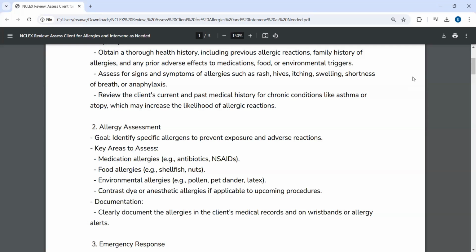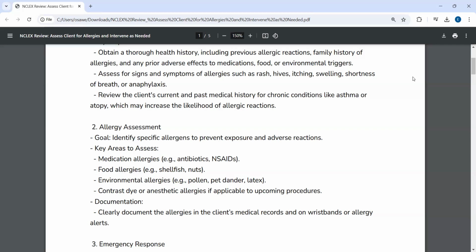Food allergies like shellfish, nuts, you need to know as well. You understand now? Environmental allergies such as pollen, pet dander, and latex. You need to know that as well. Now, contrast dye or anesthetic allergy, if applicable to an upcoming procedure, right?